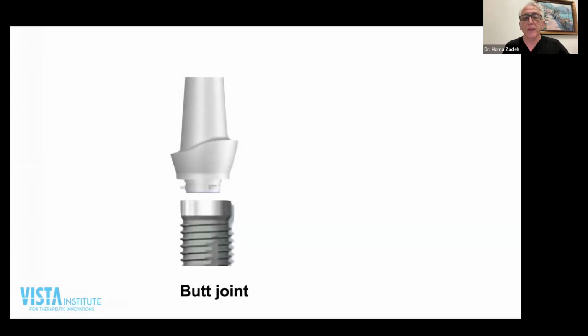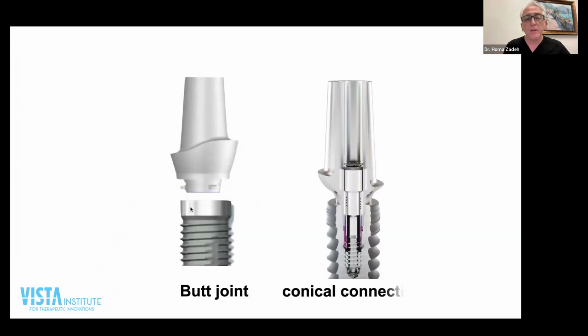Now, I alluded to the fact that there are some implant abutment connections that have more leakage than others. What are those? There are two kinds of connections between implant and abutment. Some that are butt joint, means that you have a flat top of the implant and you have a flat abutment, and when the two come together, it's a flat to flat connection. Then you have a conical connection.